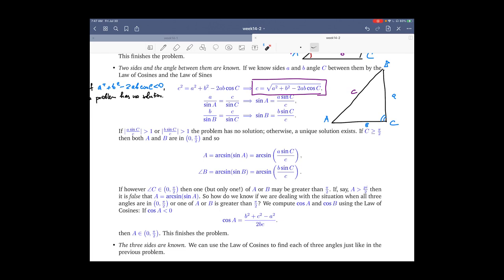But if angle C is between 0 and pi over 2, one of the angles A and B may be greater than pi over 2.